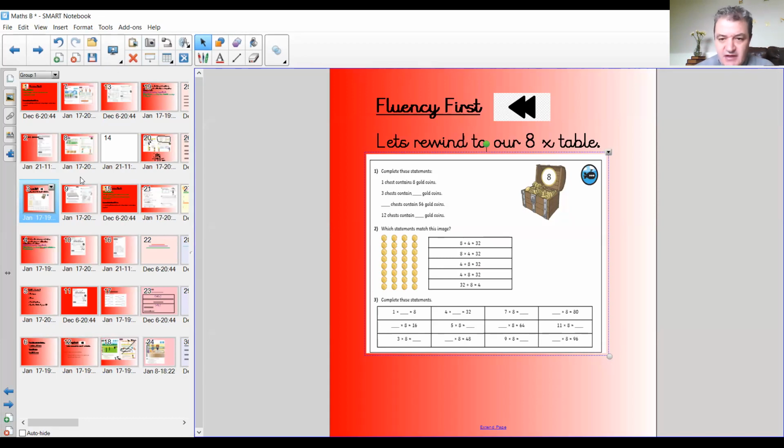So if you have a go at those, it shouldn't take us too long. So remembering our 8 times table, continuing to go on to our Times Table Rock Stars, really get quick at our 8 times table. So there's some questions there, and then we'll move on to today's lesson.